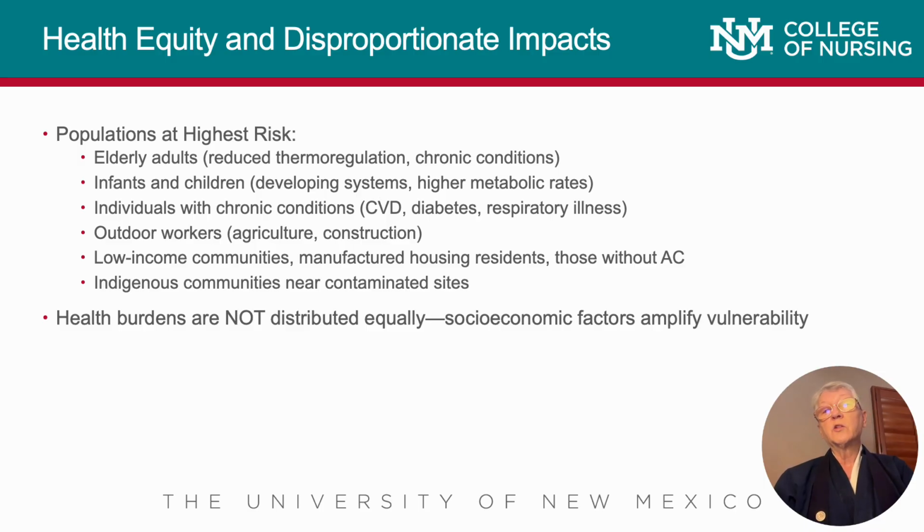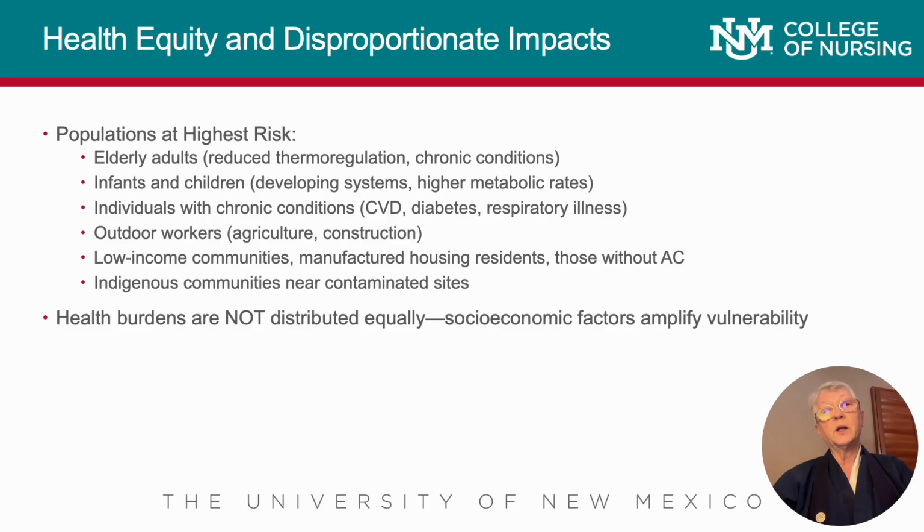Low-income communities often have limited resources to prepare for and recover from disasters, and residents of manufactured housing often have poor insulation and no air conditioning. Urban residents with limited green space experience the heat island effect more severely, and indigenous communities living near contaminated sites face ongoing exposure to environmental toxins.